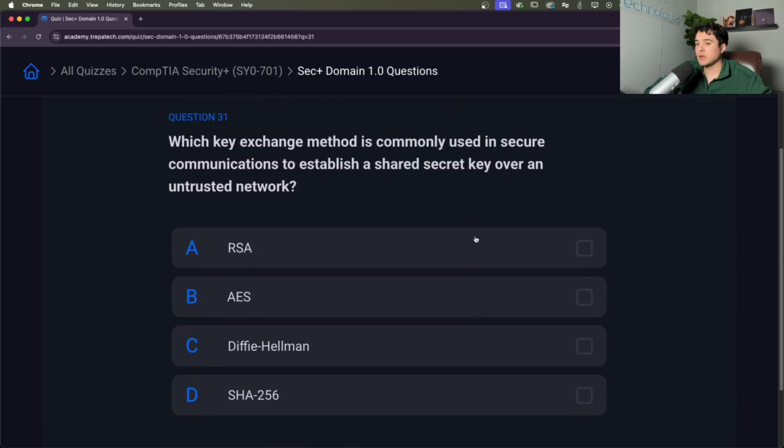Question 31. Which key exchange method is commonly used in secure communications to establish a shared secret key over an untrusted network? So essentially we're asking how we do secure key exchange to do symmetric encryption. What protocols do we use? We use asymmetric cryptography to make this happen, but we have specific protocols that do this, like Diffie-Hellman, like elliptic curve cryptography, and a third one.